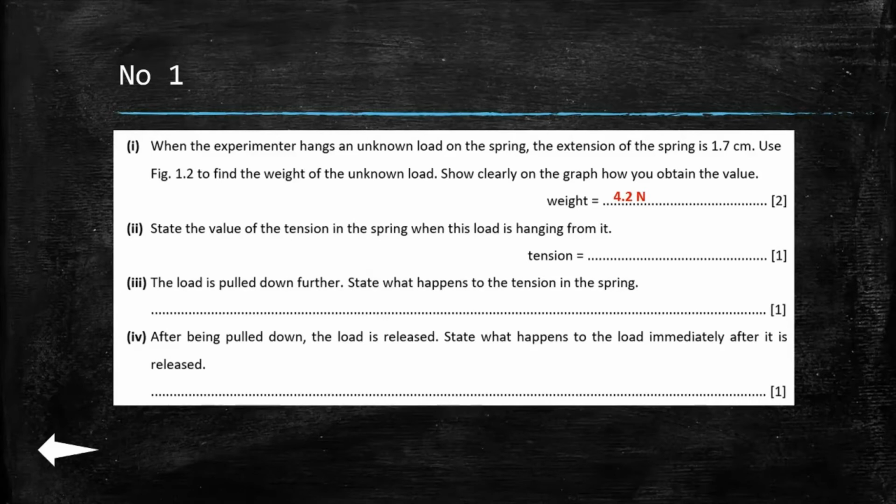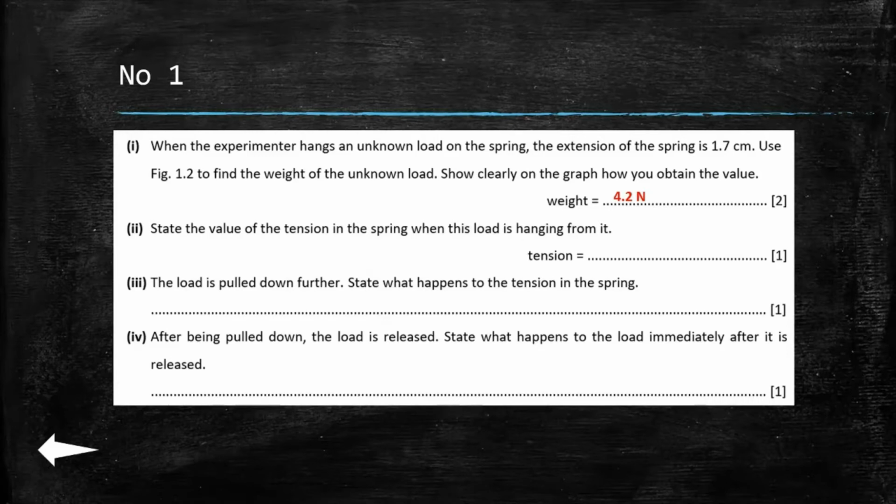Once again, if the resultant force on the spring equals 0, then the value of the tension equals the value of the load. Why? Because the direction of the tension is upwards, while the direction of the load is downwards. This means that tension and load have opposite directions.